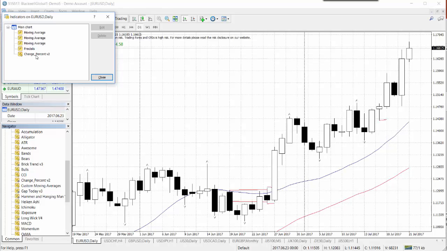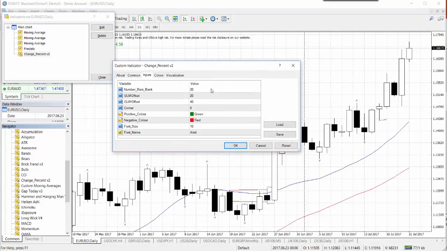There we can see the change percent, and then we can edit, and as you can see the number of bars back we've been looking at is 20, but that allows us to amend that. Perhaps there's something specific you want to look at over the last week or so, or over a longer period, and be able to input that. So you have that to work with and amend to your own particular need.